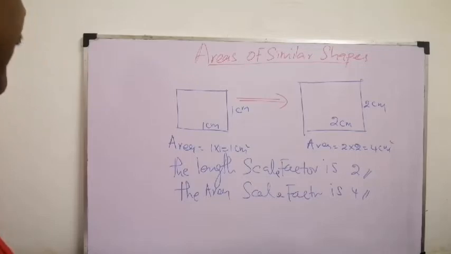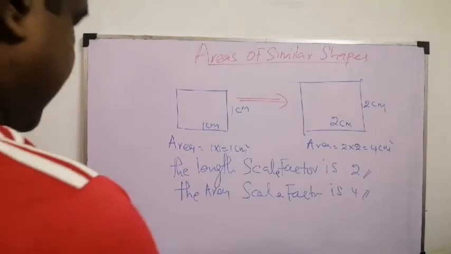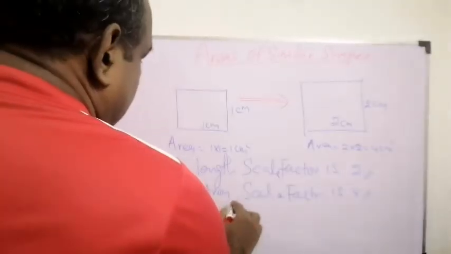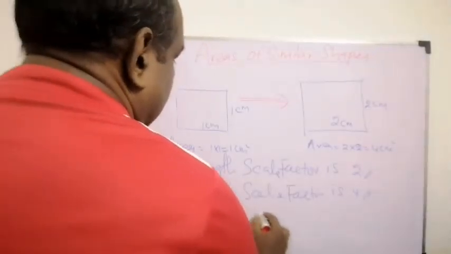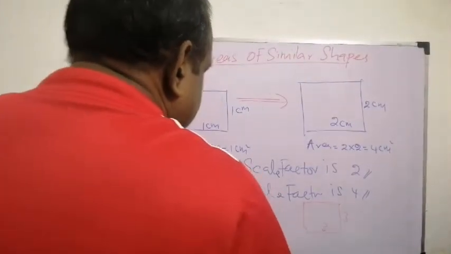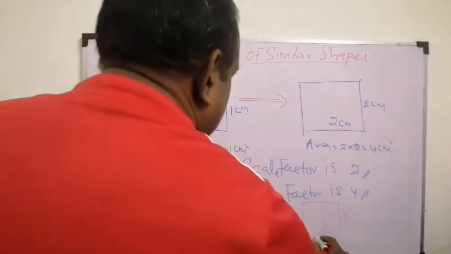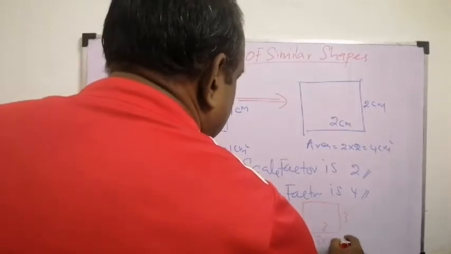Okay, so if you want to say it another way, for example, if this is going to be 1, another one I'm going to increase to 3 into 3. So 1 into 1 is going to be 1 centimeter square, right? Here 3 into 3 is going to be 9 centimeters.